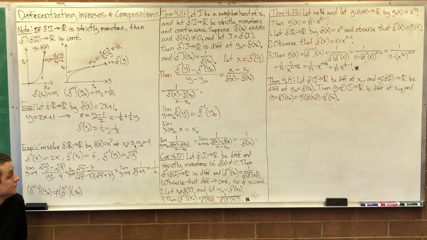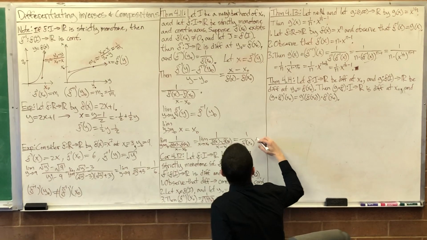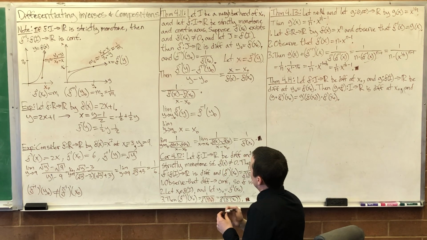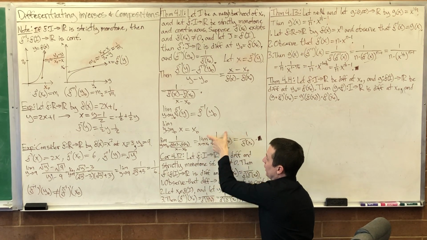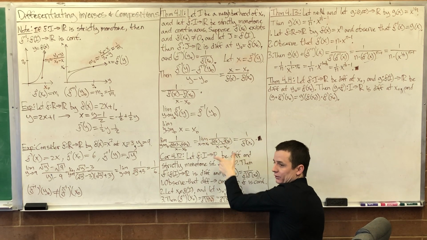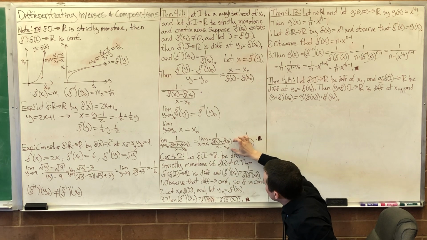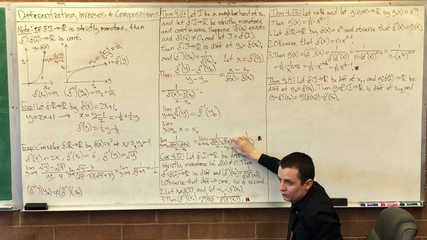So what did you do when you were switching your limits? When I was going from y to x? Yeah. Notice that the limit of a quotient is the quotient of the limits, so I can split that up into the limit of 1 and the limit of this thing. Probably should have done one more step here. But I only know the limit of this if we're doing it as x approaches x naught.